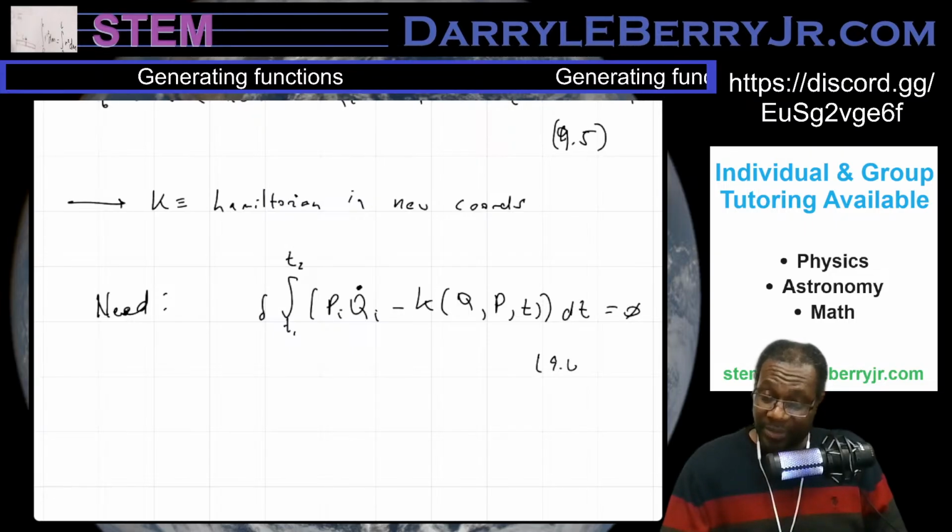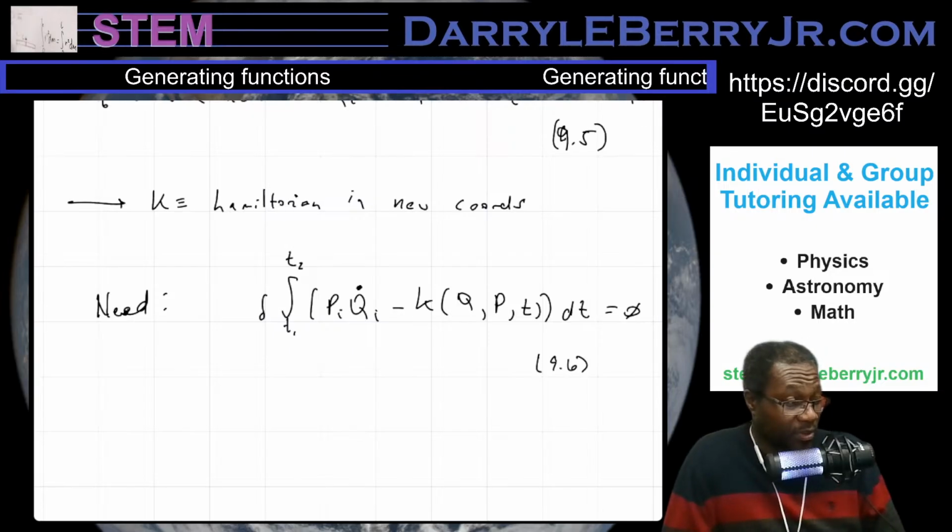This is equation 9.6, where summation over the repeated index i is implied.